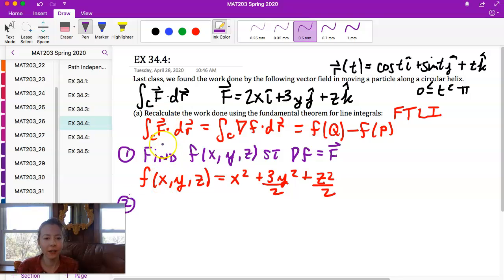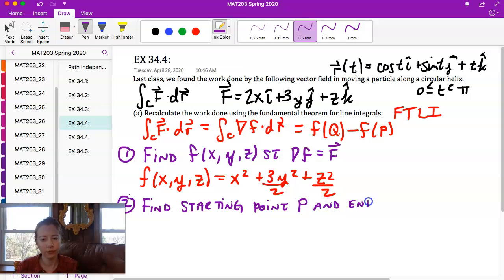We're going to find the starting point P and ending point Q of the curve C.